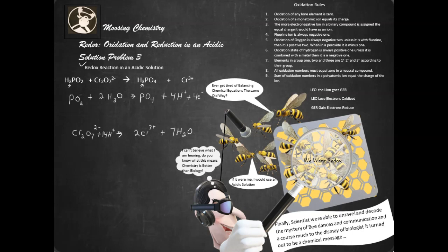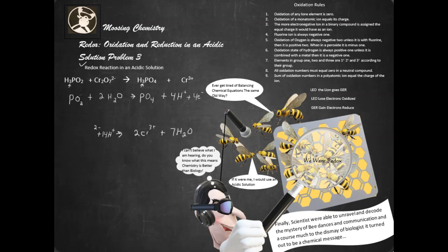Now let's look at the one down below, okay? We have 2 times 3, right? So that gives me 6 electrons. To balance the other side, I have to add 6 electrons to the left side here. So let's clean this up a bit. Let's go get the eraser here. And let's erase.